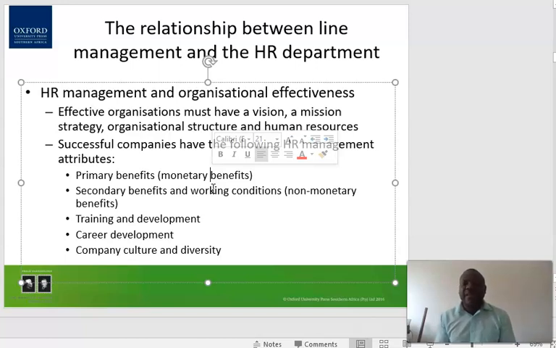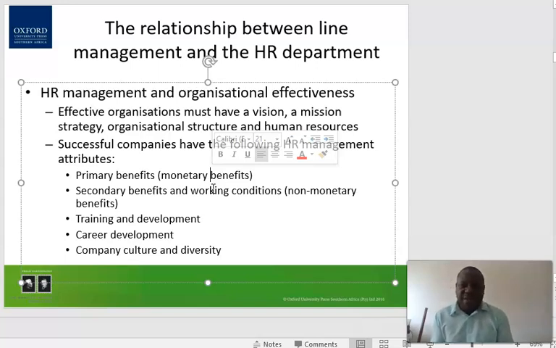That way, they see the reason to stay in your organization for as long as they see opportunities for growth. We will also look at this when we look at some of the content theories of motivation, that the issue of growth, the issue of development is very, very important for most employees.